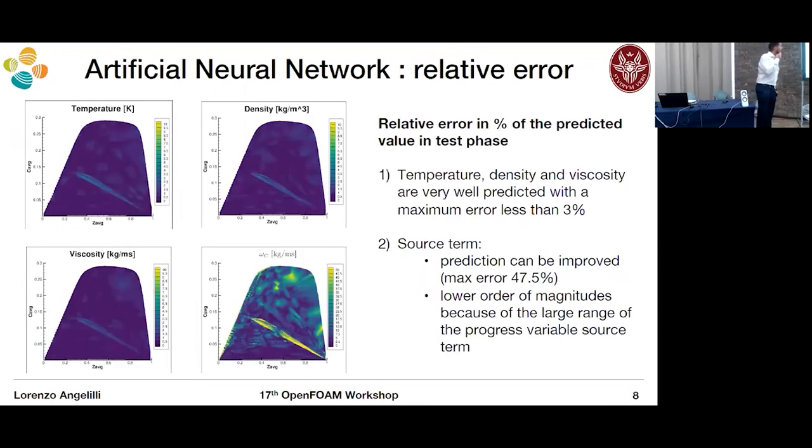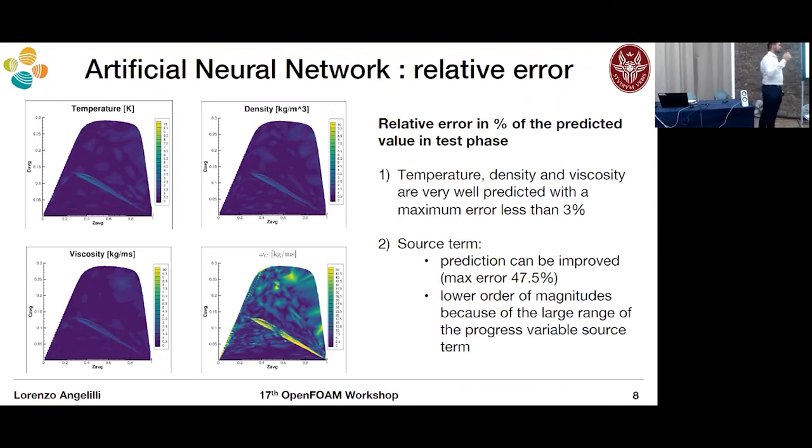So with an a priori analysis, after performing the training and selecting the best network, what we observe is that for temperature, density, and viscosity, the error is less than 3%. So basically they are well predicted. And for the source term, the maximum error that we can observe during the prediction is about 50%, which seems quite a lot.